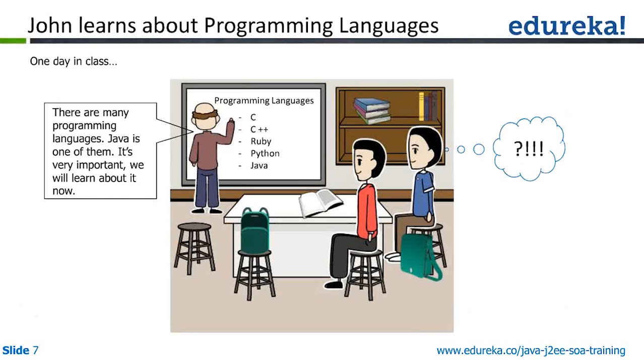So let's do a little role play here. John is a student, and you will play the role of a programmer, and the first thing you're doing in class is seeing what the various languages are. If you look at the languages, you have C, C++, Ruby, Python, Java. The first four of these languages are very popular in colleges. Most college courses would be teaching at least C and Python.